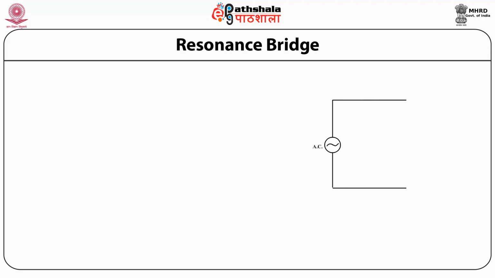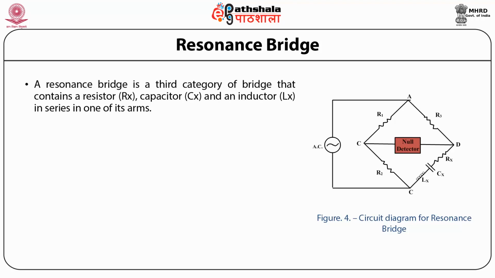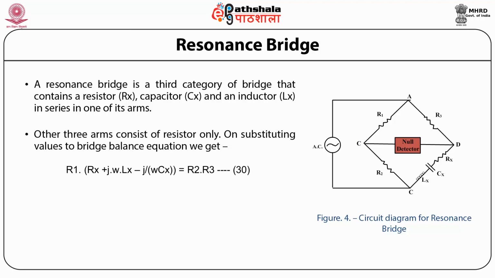Now we will study the resonance bridge. A resonance bridge is a third category of bridge that contains a resistor Rx, capacitor Cx, and an inductor Lx in series in one of its arms. The other three arms consist of resistors only.